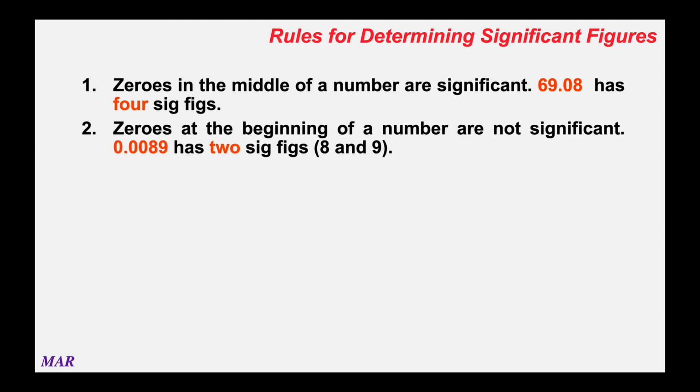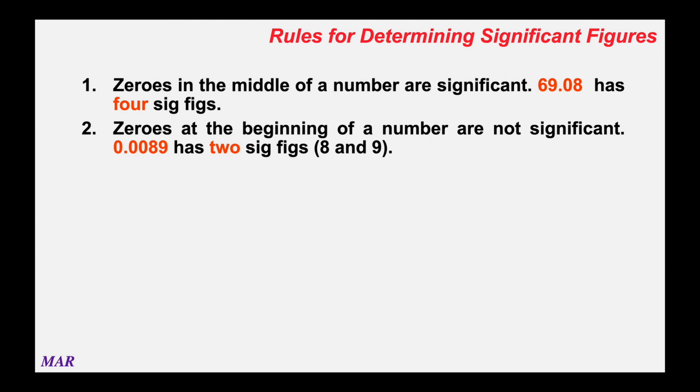If the zeros, though, are at the beginning, then they don't usually count, as they're not significant. They're called placeholders. So like 0.0089, we want to know where the 8 and the 9 is on the number line, all right? This number, 0.0089, is not 89, and it's not 8.9. It's 0.0089.